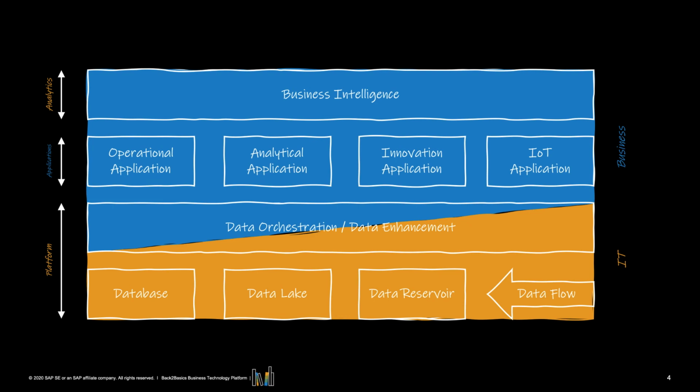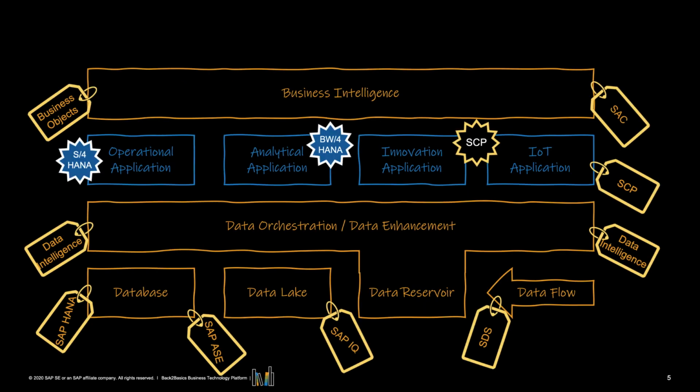If I do the mapping with the SAP solutions, this is what we get. We can find here on the left side, bottom side, the databases. So we find SAP HANA, SAP ASE, SAP IQ, which were explained in the first episodes of the series. Of course, we find the data intelligence for the orchestration. We find the data flows with smart data streaming that was explained as well in the previous episodes.